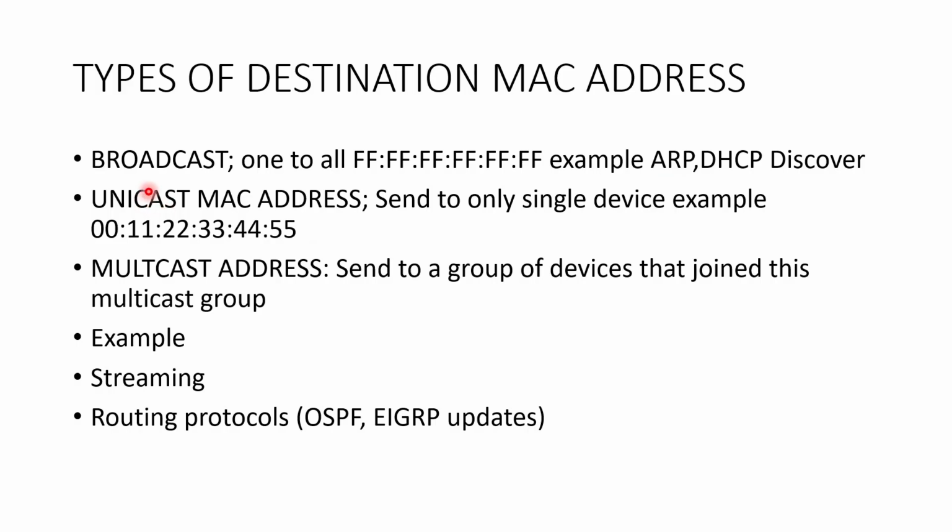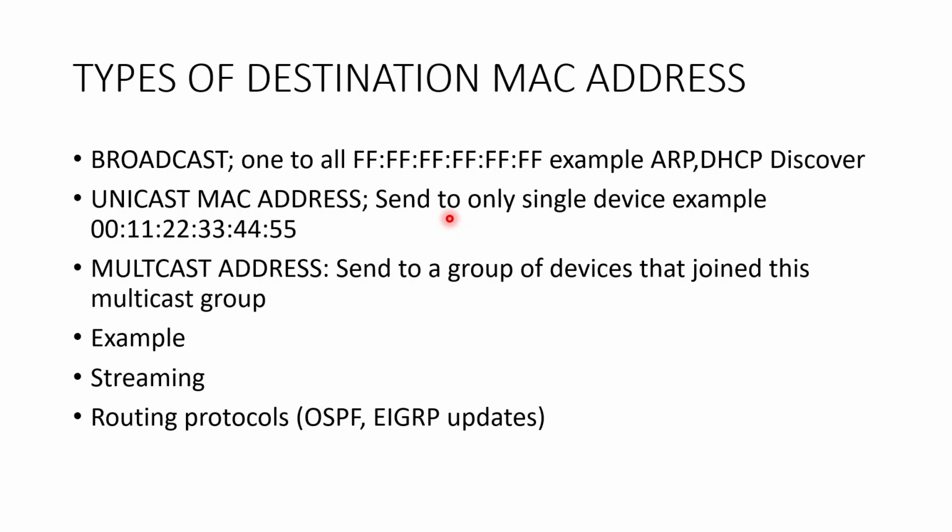And the next type is the unicast MAC address. I have also already explained about the unicast MAC address. So a unicast MAC address means an address which is sent to only a single device. So for example, you are trying to send a message to me, or I'm trying to send a message to your phone.